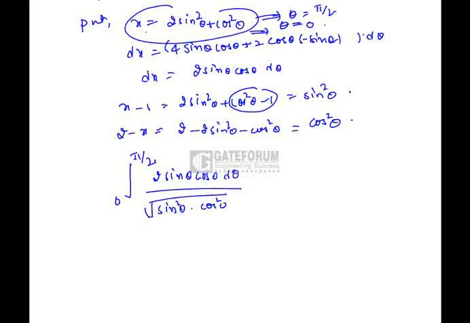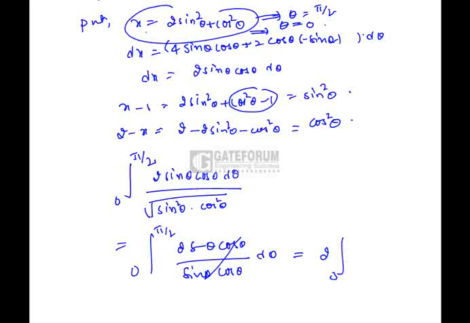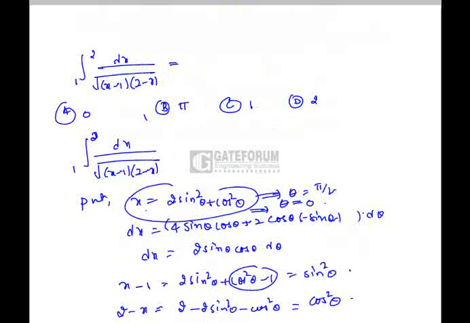Similarly, 2 minus x is cos square theta. This can be written as integral 0 to pi by 2 of 2 sine theta cos theta by sine theta cos theta d theta, which is nothing but 2 times the integral 0 to pi by 2 of d theta, which is 2 into pi by 2. So the answer is pi, that is option B.